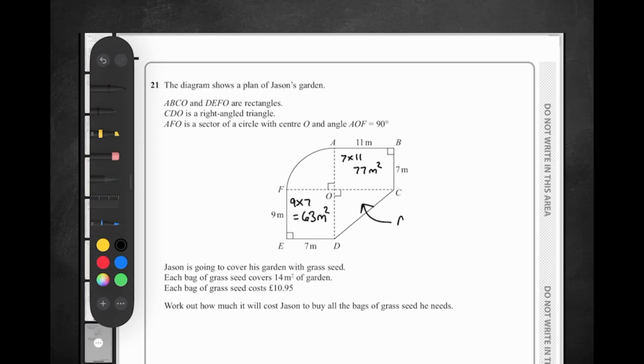This one here is going to be the length of OC, which we know is the same length as AB, is 11, multiplied by the length of OD, which is the same as FE, which is 9, divided by 2. So I'll do that on my calculator. 49.5.